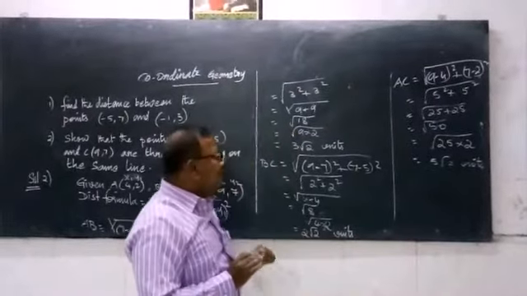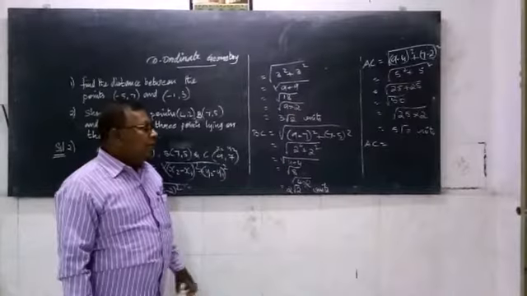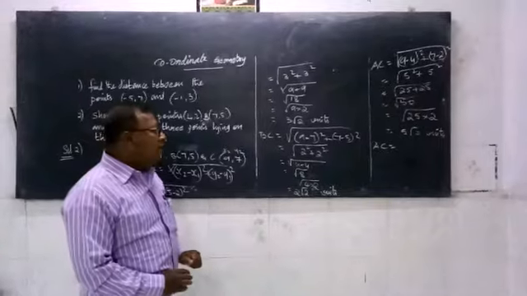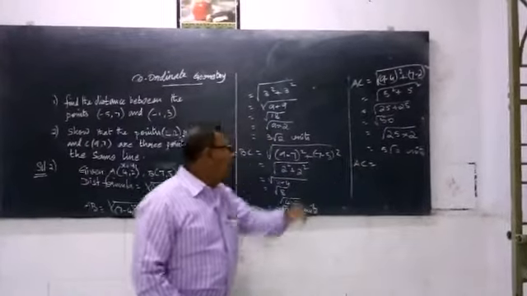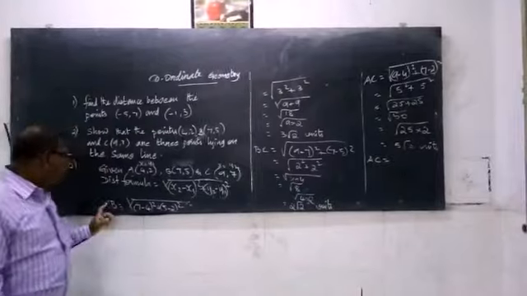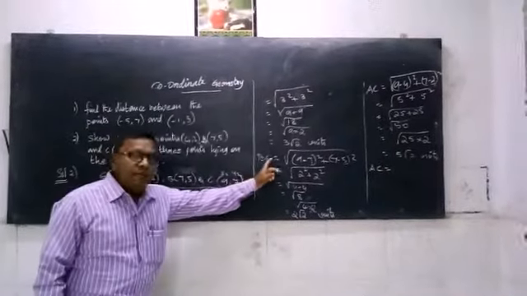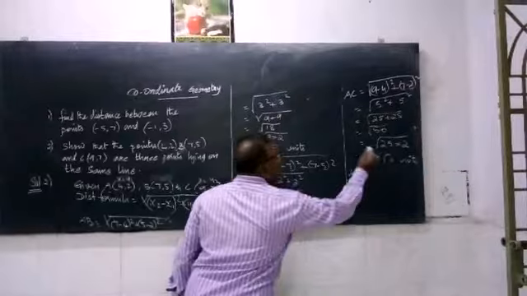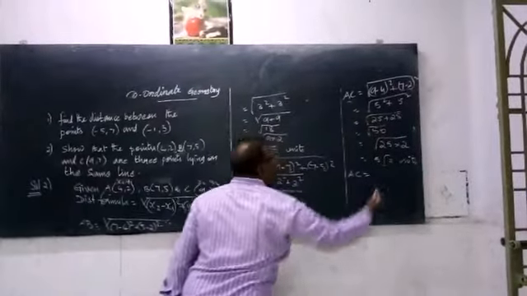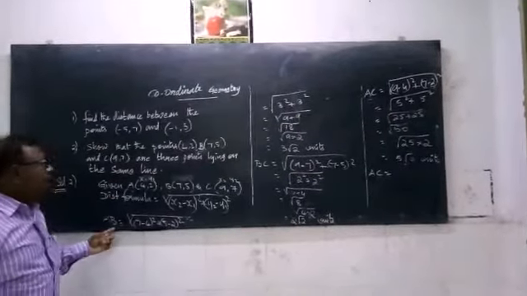Now clearly, if we observe carefully, AC can be written as the sum of AB and BC. You see here, what is AC? 5 root 2. Isn't it? AC is 5 root 2. What is AB?